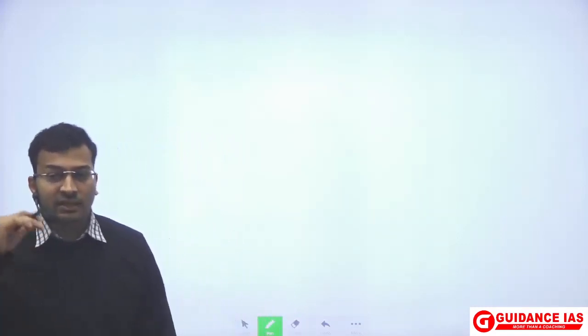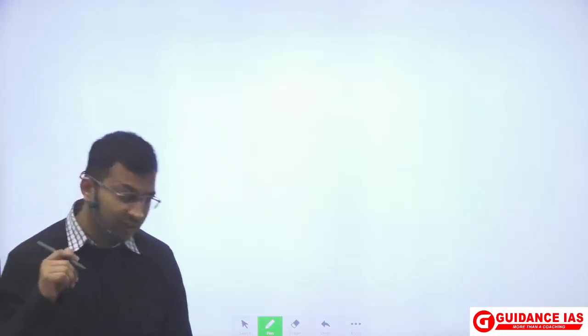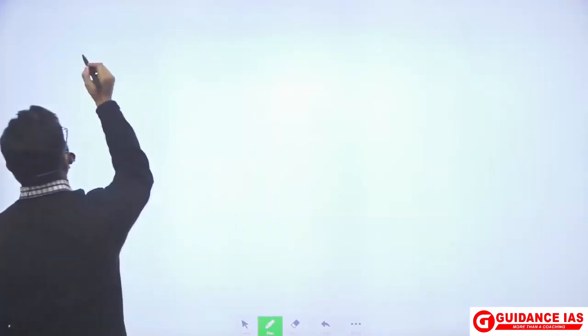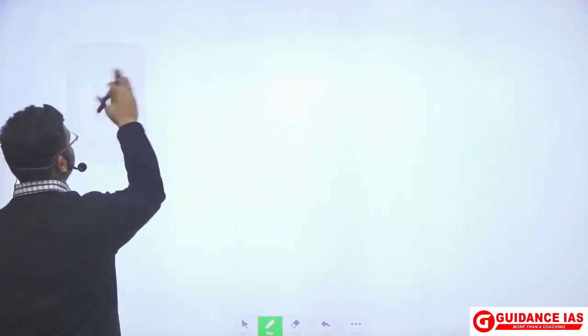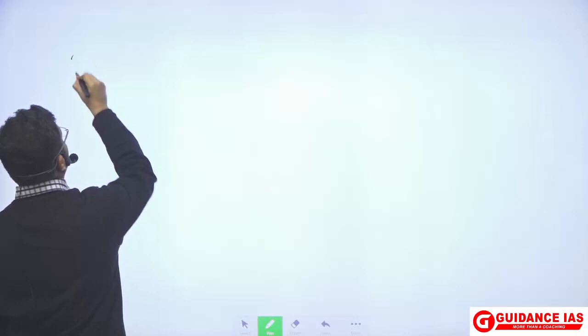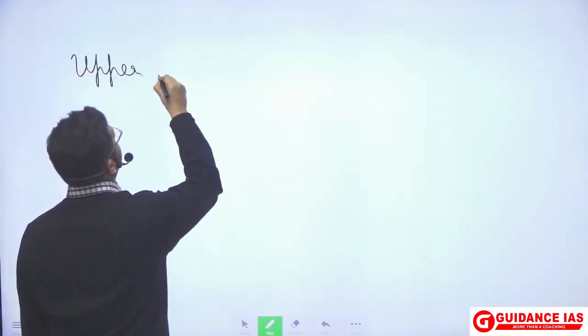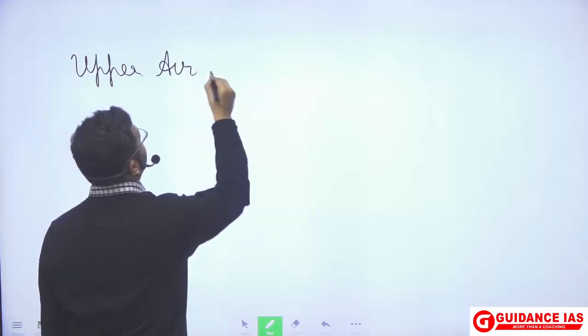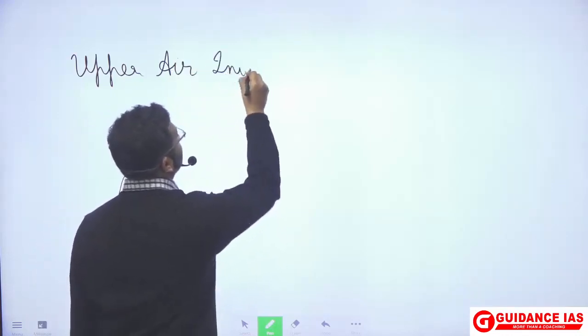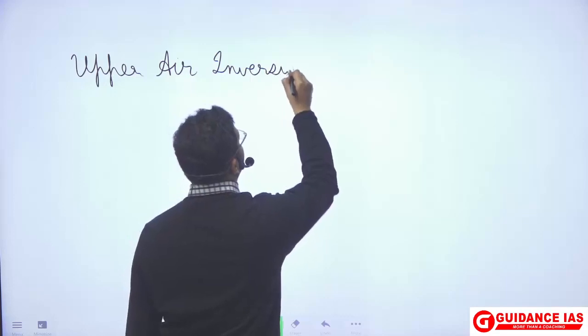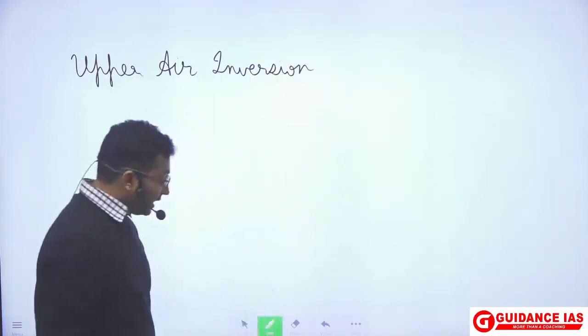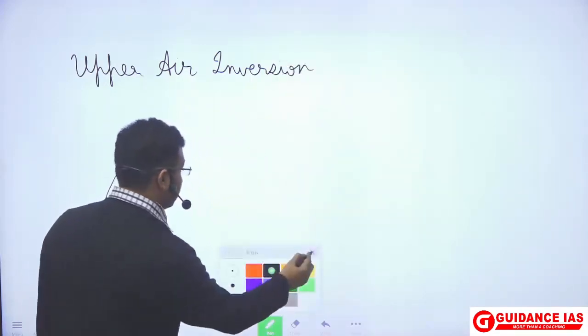In upper air inversion, the inversion in temperature starts at a certain height, certain elevation, or certain altitude. For example, second subtype, upper air inversion.